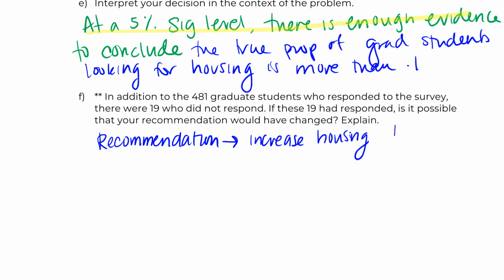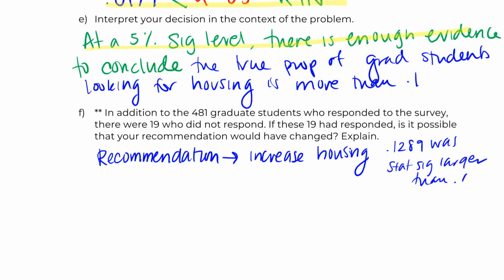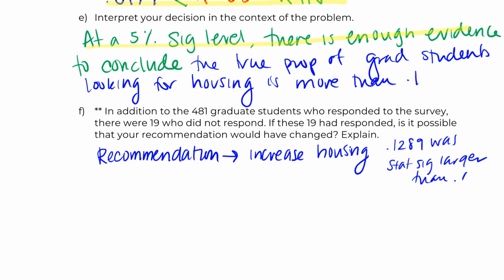We decided that the 0.1289 was statistically significant, larger than 0.1, right? And that was based on, what was it, 62 people? Yeah, 62. So our evidence was 62 out of the 481.